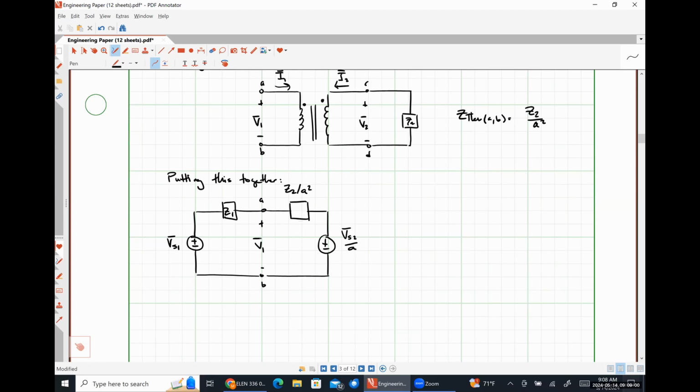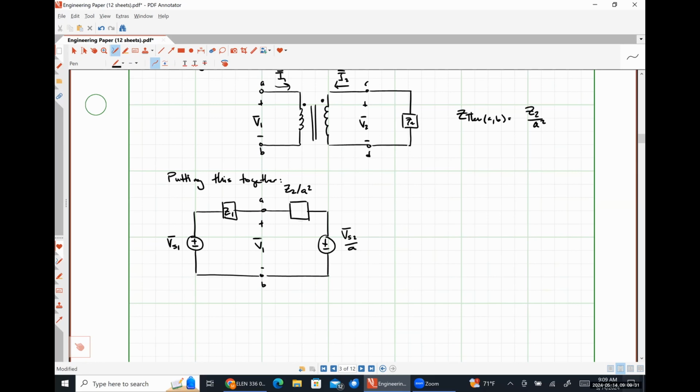What would the Thevenin equivalent looking between C and D look like? Yeah. So we'd multiply the VS1 by A, and we'd multiply Z1 by A squared. So if we are referring from the secondary to the primary, we divide. If we're referring from the primary to the secondary, we multiply. Nothing particularly difficult. All right.